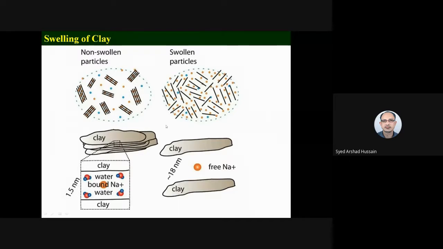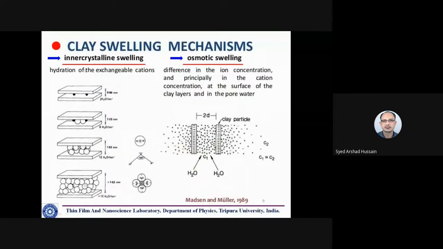So this swelling is mainly due to two reasons. One is hydration of the exchangeable cation, and another is the difference in ion concentration in between the clay sheets and outside the layer.